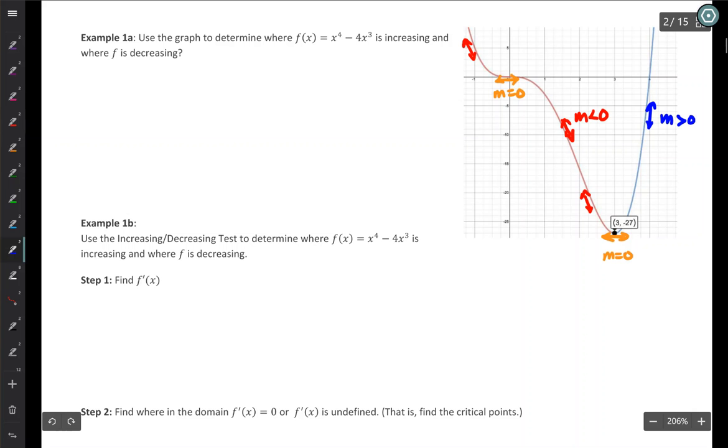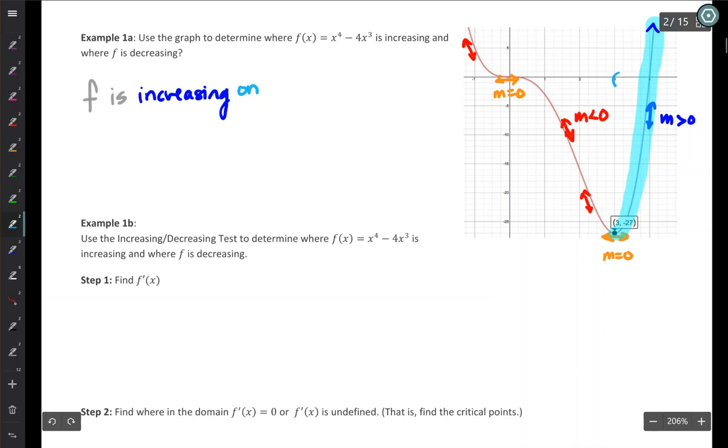Okay, so we can see that this function is increasing on what domain? I'm happy with my money past 3. This is going on forever in this shape.